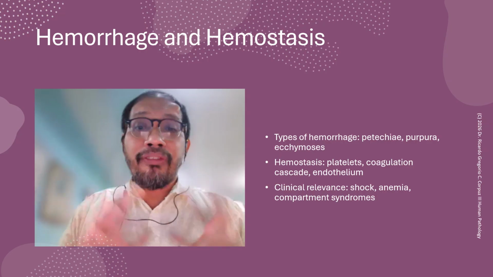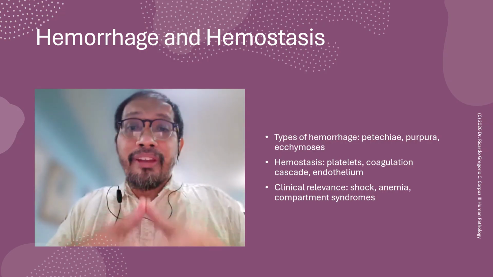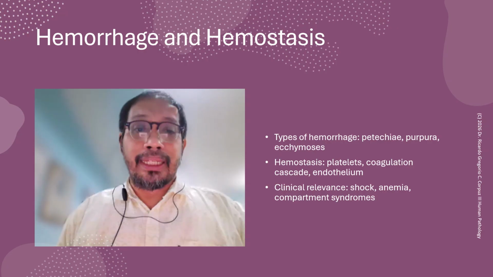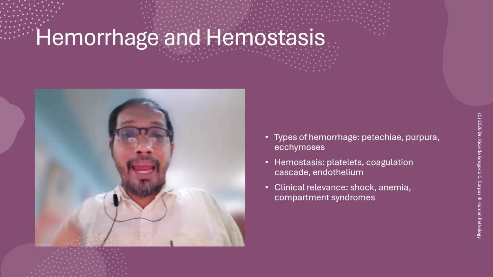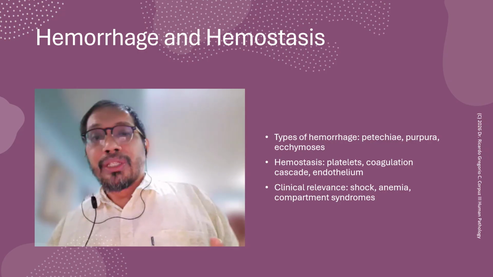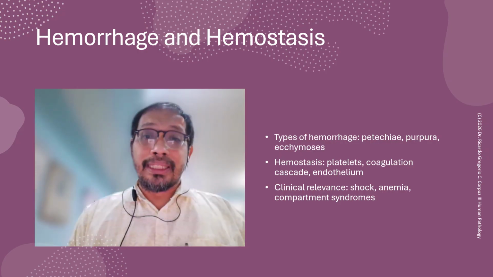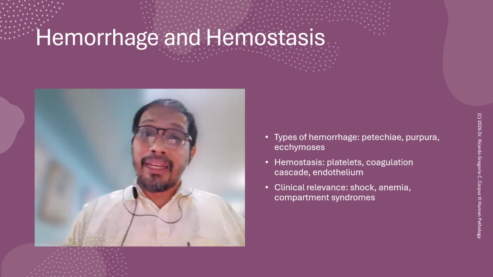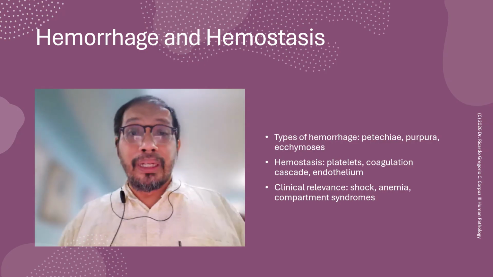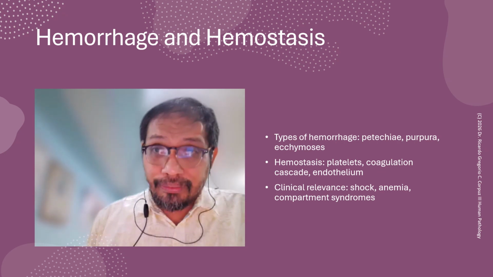This mechanistic framework also explains why some disorders present with superficial petechiae, while others cause deep hematomas or massive internal hemorrhage. So it reinforces the idea that hemostasis is a dynamic balance, and disturbance can manifest as either bleeding or inappropriate clot formation.